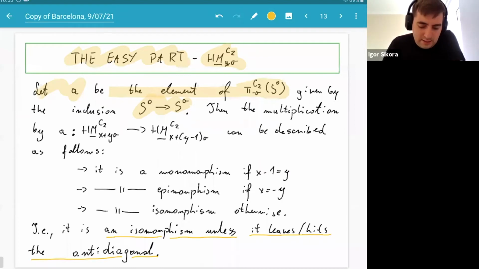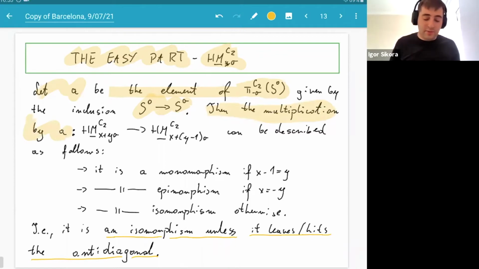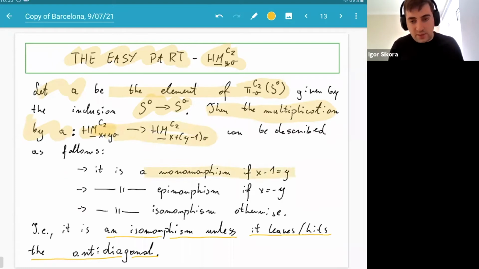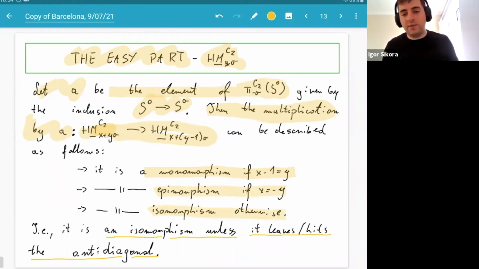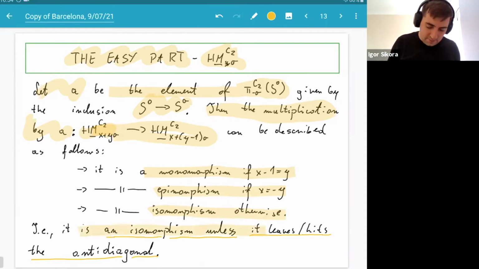And having this element, the multiplication by a on the coefficients of Eilenberg-MacLane spectra may be described as follows: multiplication by a is a monomorphism if x - 1 is y. It is an epimorphism if x is equal to -y, and it is an isomorphism otherwise. And from this description, really the message is that it is an isomorphism unless it leaves or hits the antidiagonal.